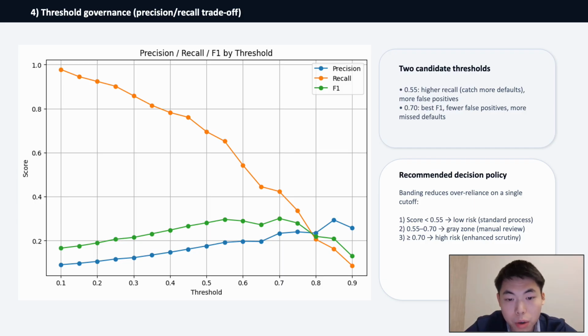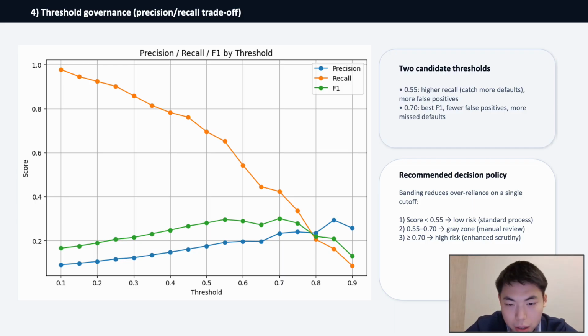At 0.55, the model still keeps a relatively strong recall, so this threshold may fit a more conservative lending strategy. At 0.7, the F1 score is best, so this threshold gives a better balance between the two types of error.